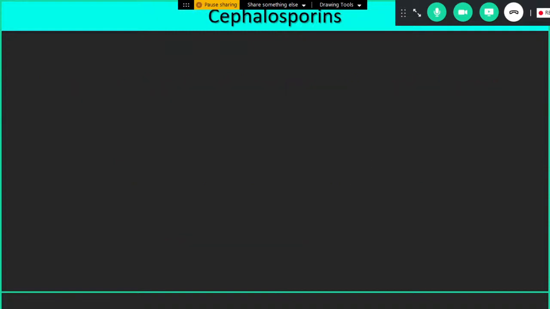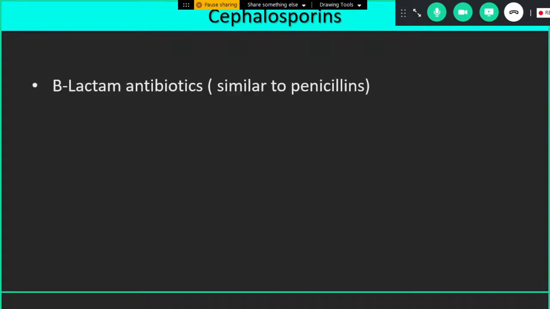To start with, cephalosporins are basically beta-lactam antibiotics. When I say beta-lactam, that means they have a beta-lactam ring. Another antimicrobial class which has this beta-lactam ring is the penicillins. Therefore, when we say they are similar to penicillins, their spectrum is also quite similar, especially the first generation.